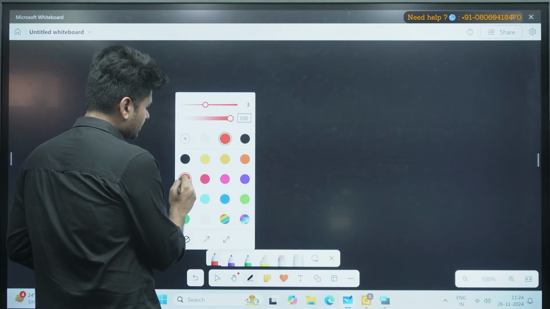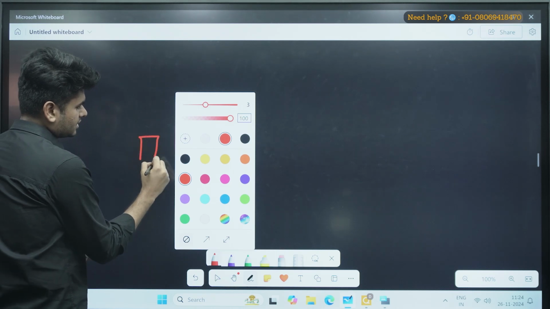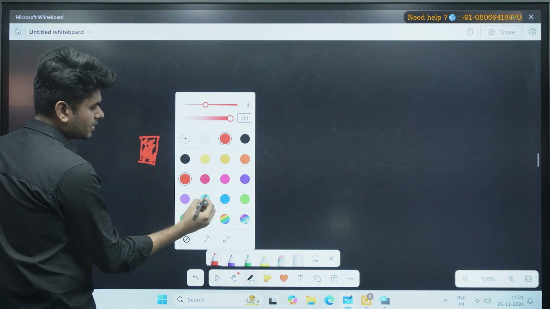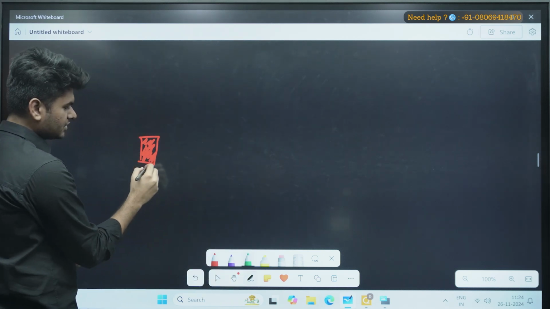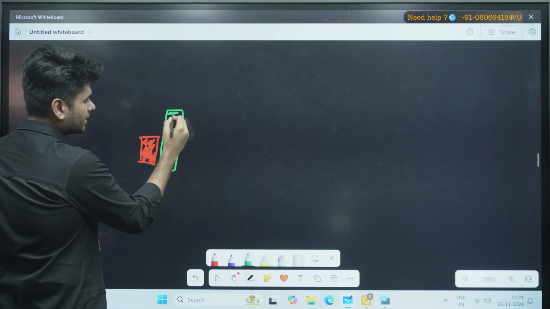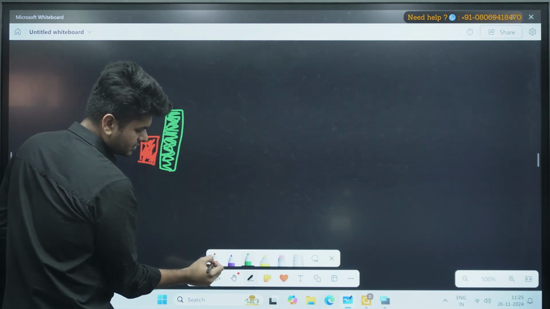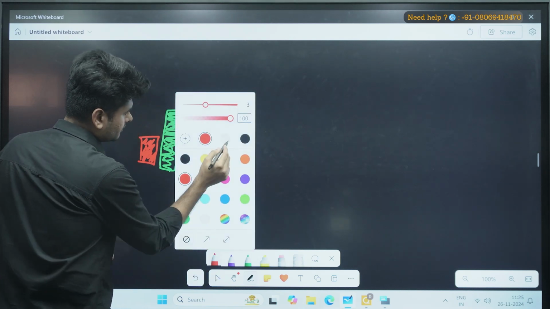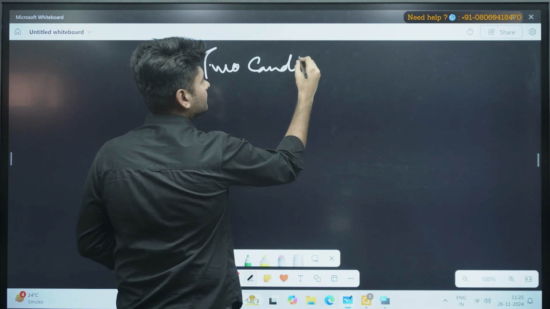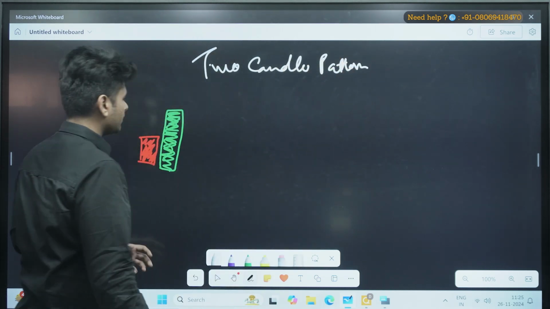So what we're going to see here is the bullish engulfing. Let's just suppose this is a red candle we are seeing. Now the next candle after this, if it's a green candle crossing the high of the red candle, that is a two candle pattern.